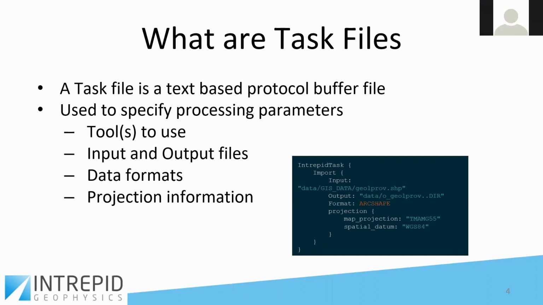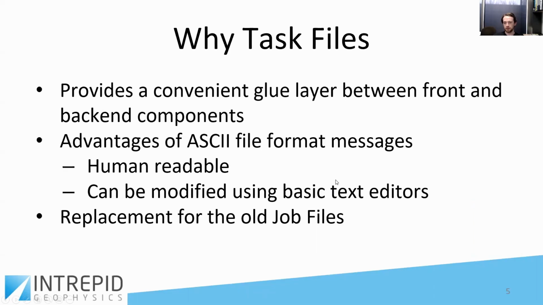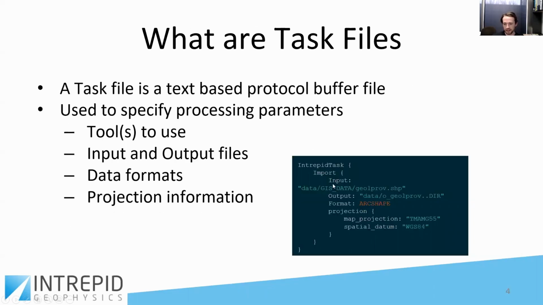Basically, a task file is pretty similar to a job file. We have a structure, all these blocks of messages nested within a single task. Within this block, we have several member variables. So we have the inputs and the outputs, and parameters such as a format for the file.